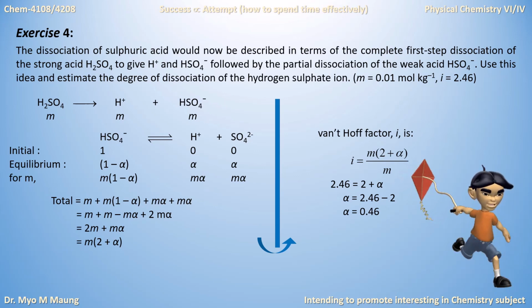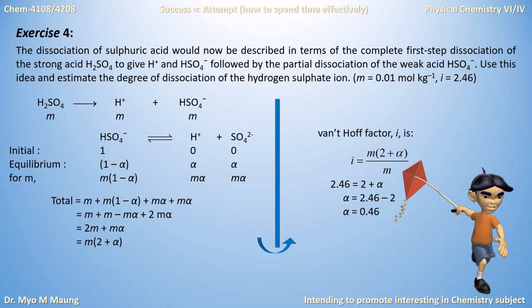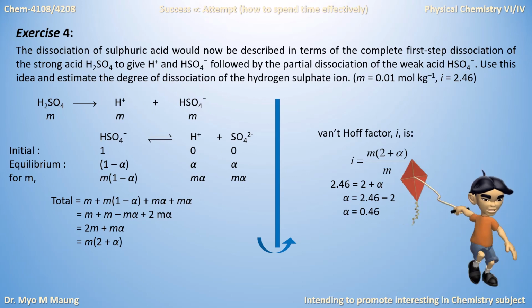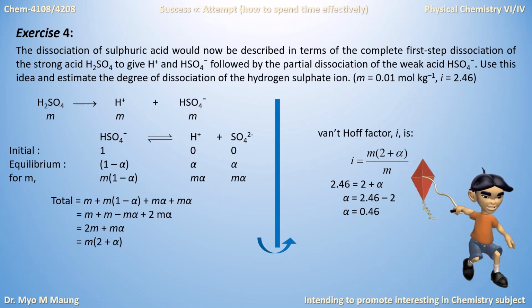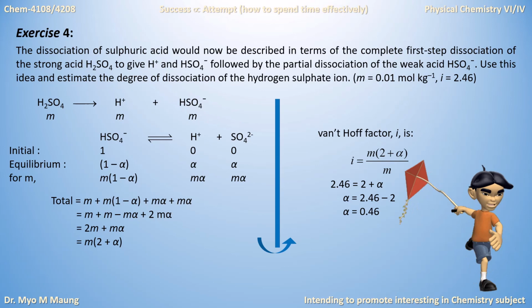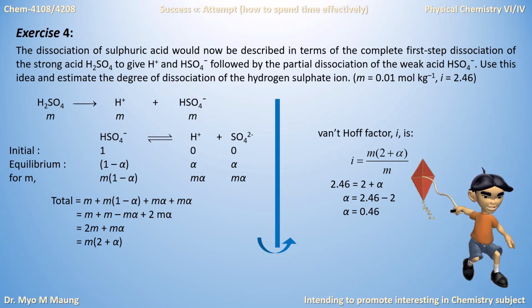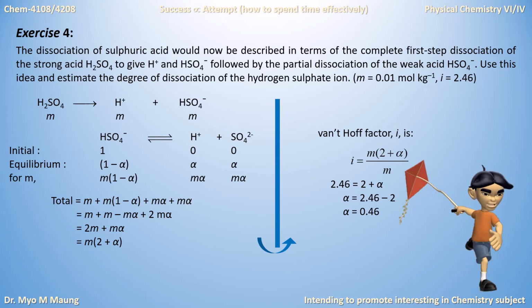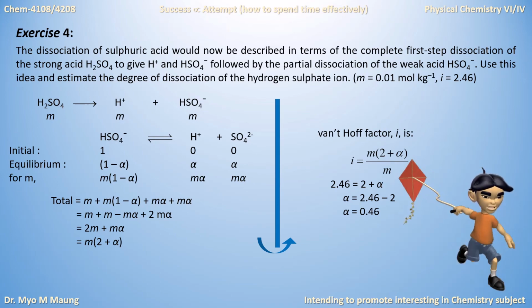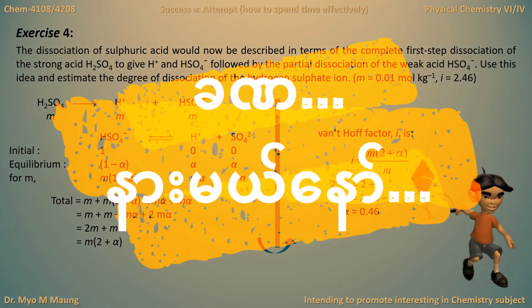Here, the i value is substituted by 2.46 on the left side. On the right side, m is cancelled. So, 2.46 equals 2 plus alpha. Finally, alpha equals 2.46 minus 2. Alpha equals 0.46. Okay. Let me stop here.